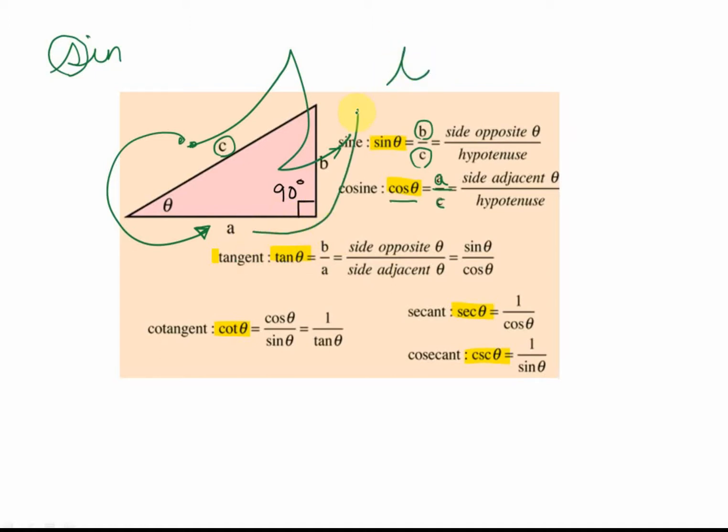So you start from here, go to there. So your starting point is on the bottom a, and then goes to your opposite b. So b over a is tangent theta. That's the way to memorize it, so you won't be confused about what the ratio is, or between sine theta and cosine theta.